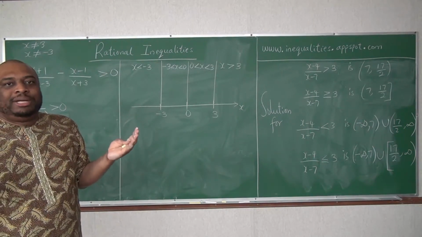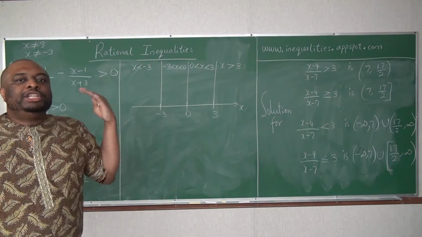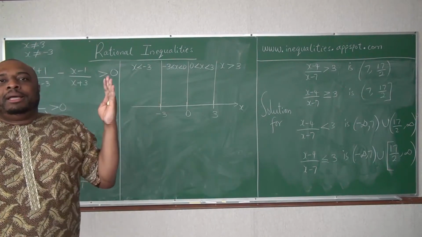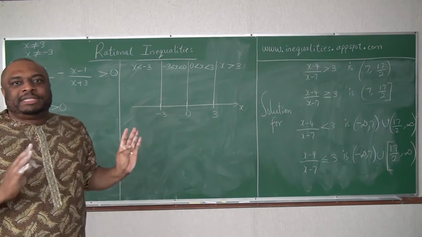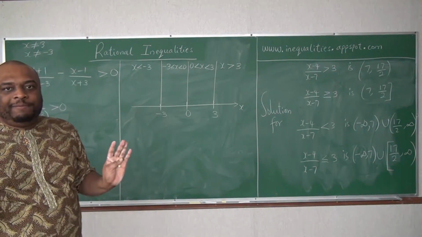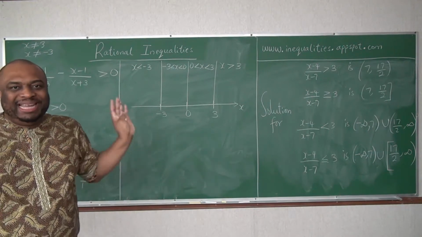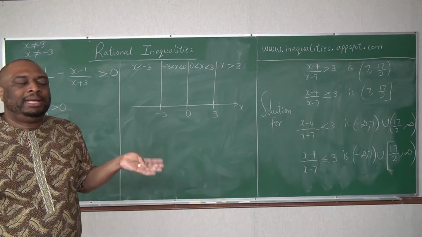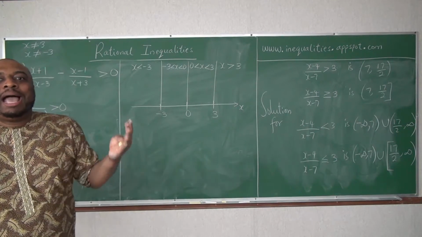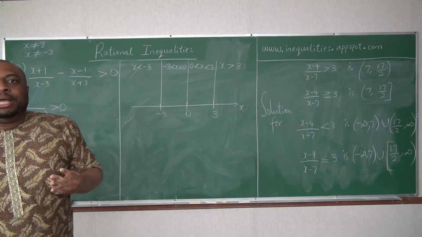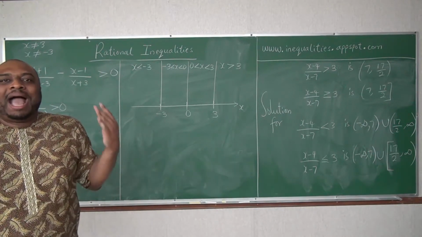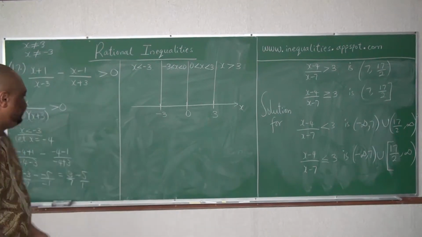That is what we're interested in. Just like we explained in part 1 of the video, if it gives us positive, yes, it satisfies the inequality. If it gives us negative, no, it does not satisfy the inequality, because all numbers that are greater than 0 are positive numbers. All numbers that are less than 0 are negative numbers.